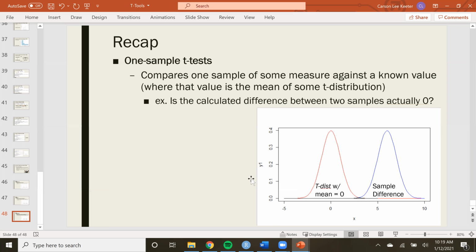Okay, we may care if this is some status quo. Okay, so for instance, and this will be it, I promise. For instance, if you said that last semester the mean GPA was, I don't know, 3.4 from Stat 3050, and you wanted to see if this section of Stat 3050 is different than 3.4, what you would do is collect all of the GPAs, find the mean of that class.